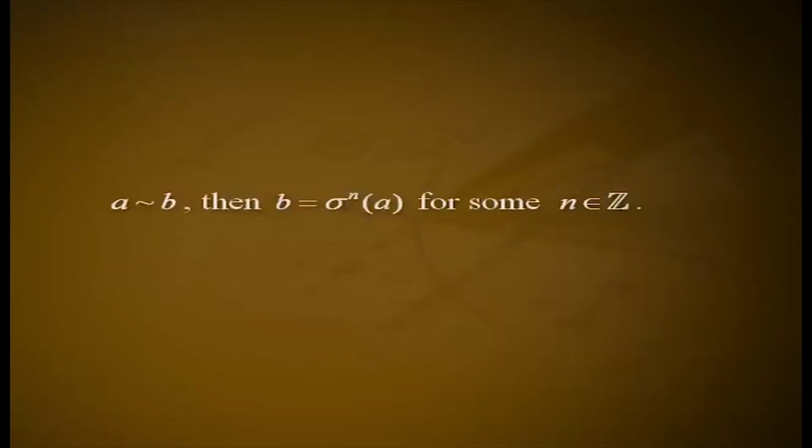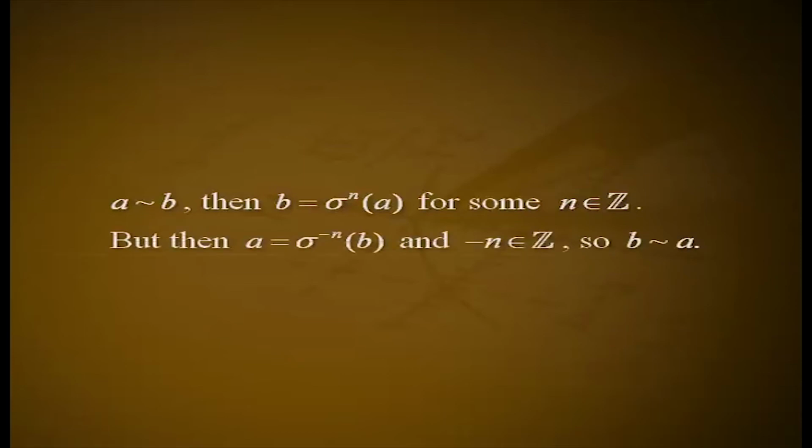Clearly A is equivalent to A, since A is equal to I of A, which is equal to sigma raised to 0 of A. Symmetric. If A is equivalent to B, then B is equal to sigma raised to n of A for some n belonging to Z. But then A is equal to sigma raised to minus n of B, and minus n belongs to Z. So B is equivalent to A.